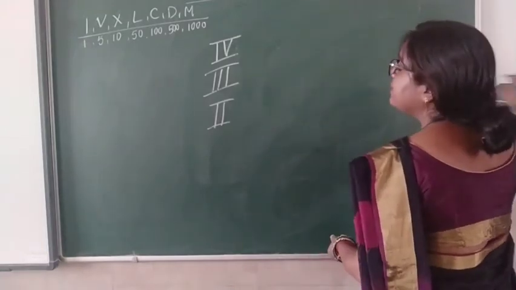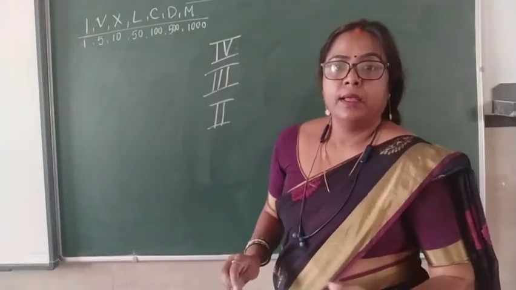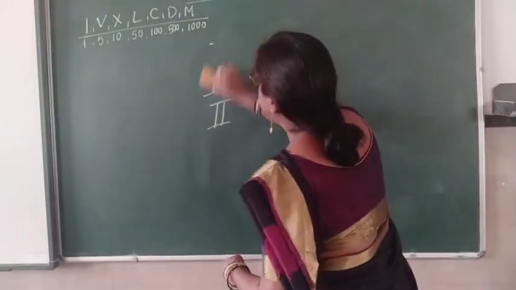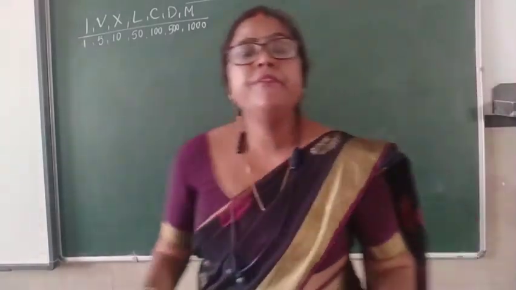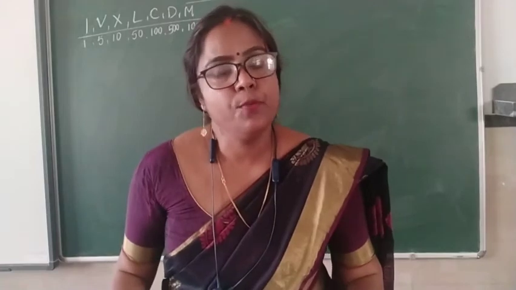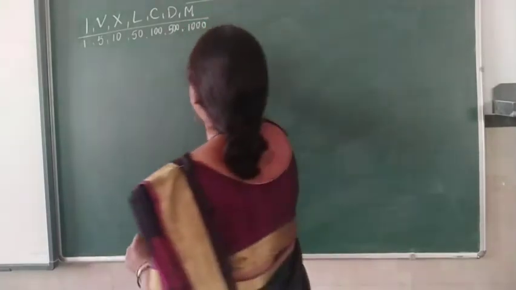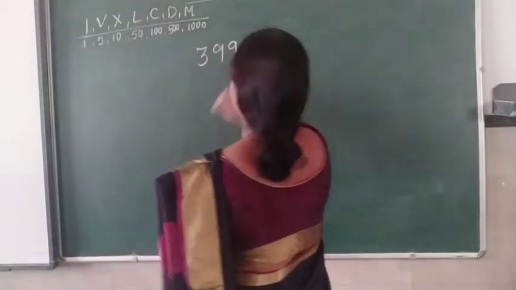When you know the reason for putting this bar above, you will be shocked. Because if you put it like this, it means you are writing the number in thousands. If you follow all the rules of the Roman numerals, the greatest possible number you can write is 3999. Why?